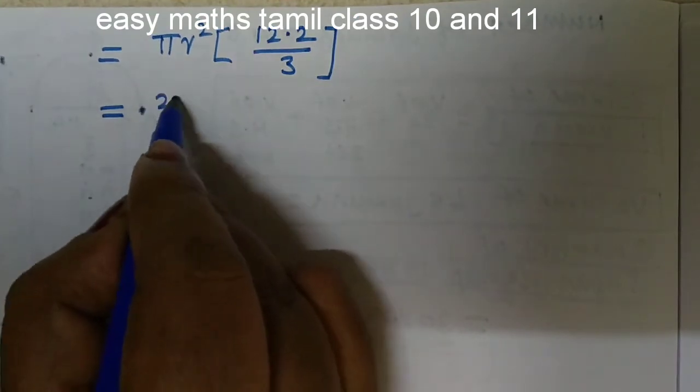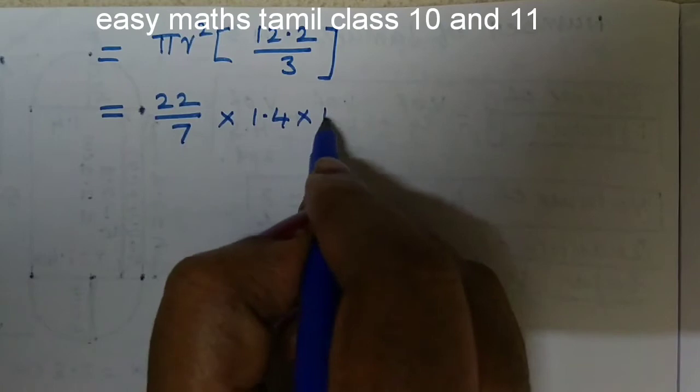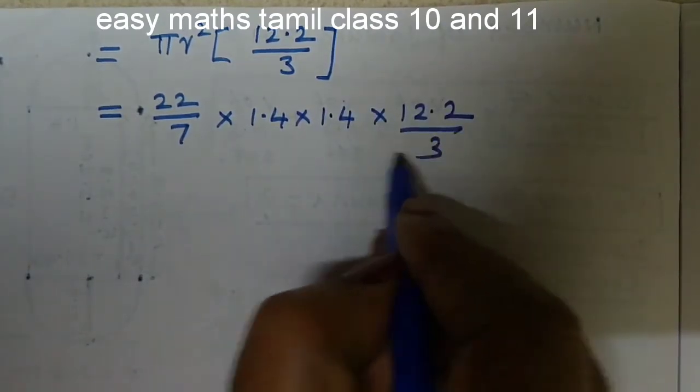Pi value is 22/7. R value is 1.4 into 1.4 into 12.2 by 3.